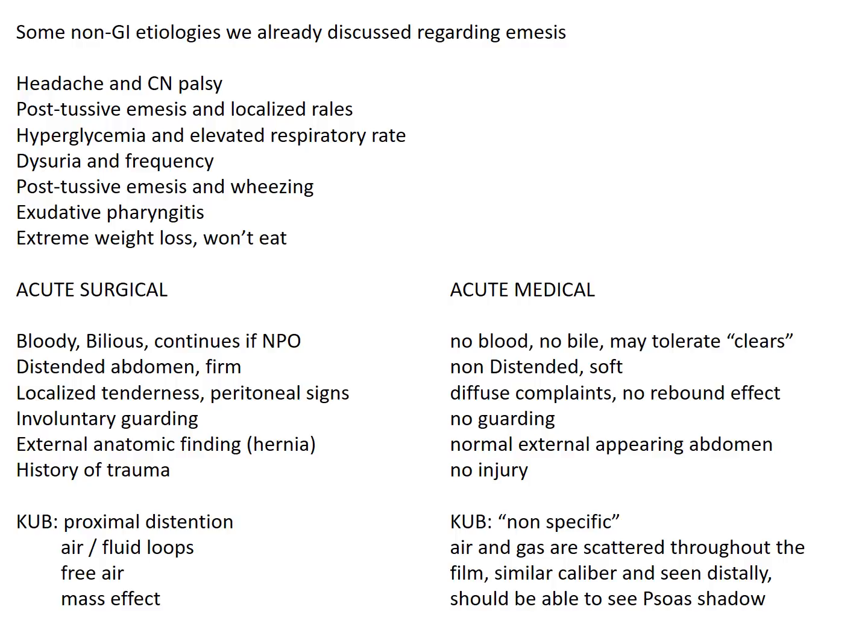An individual who's vomiting, who's also having urinary issues, think urinary tract infection. Person who's vomiting after coughing and wheezing, that might be an asthma exacerbation. Person who's vomiting who's got exudative pharyngitis, that might be due to strep throat or mono. People who are losing weight and won't eat, maybe their vomiting is self-induced, such as anorexia or bulimia.